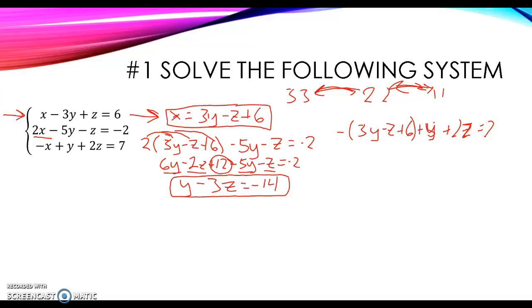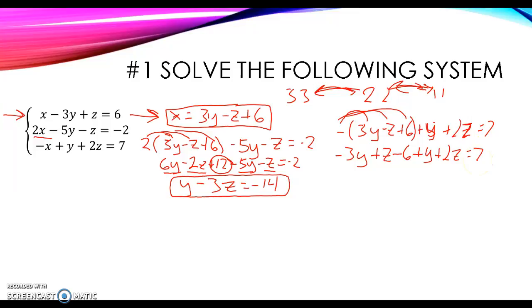And if I simplify this, I'm going to distribute my negative 1, so it's going to be a negative 3y plus z minus 6 plus y plus 2z equals 7.